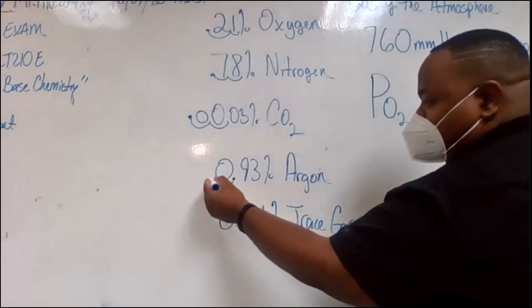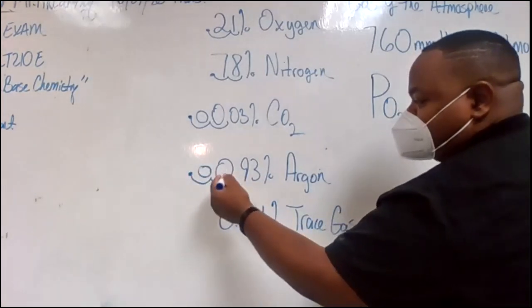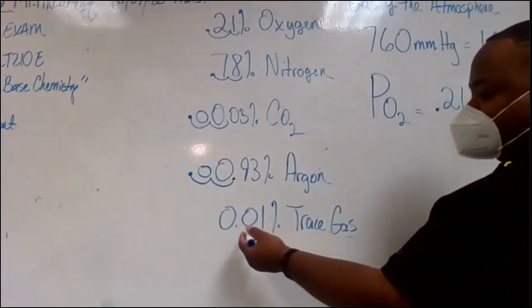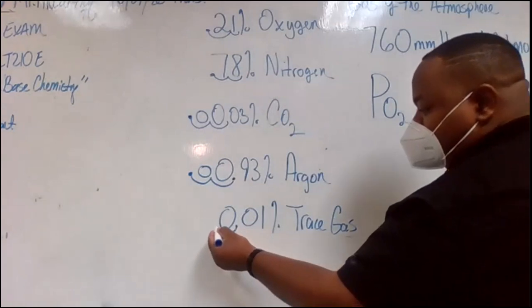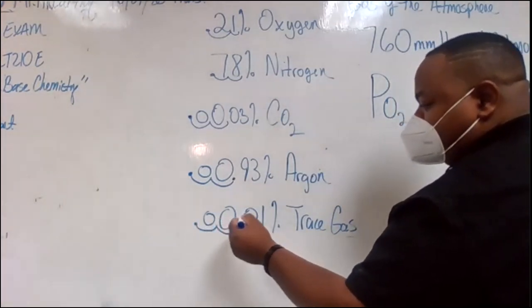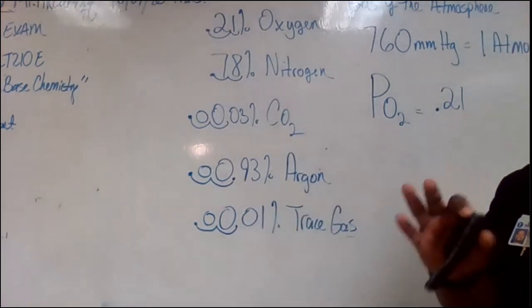You say 1, 2, put it right there, and it becomes 0.0093. And then trace gases, same thing, 1, 2, becomes 0.0001.